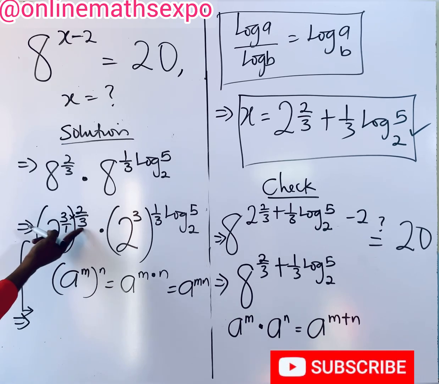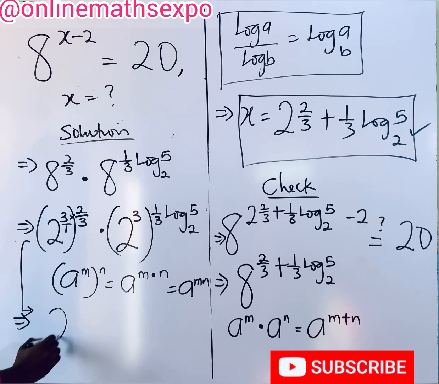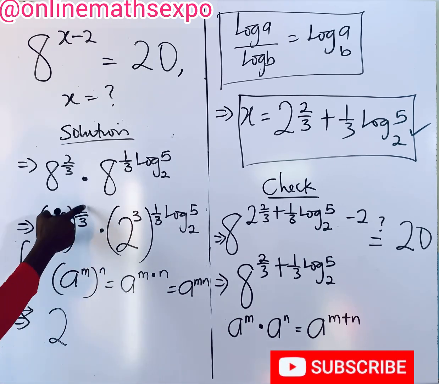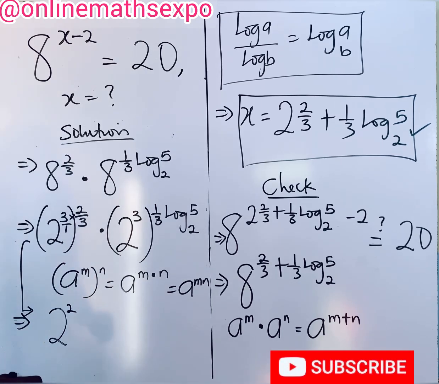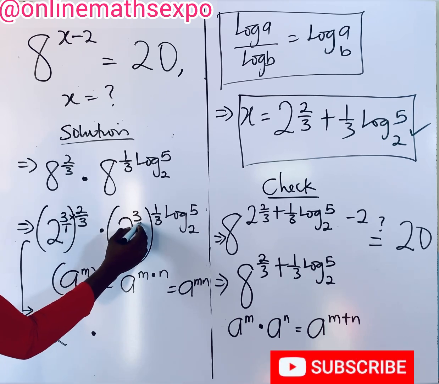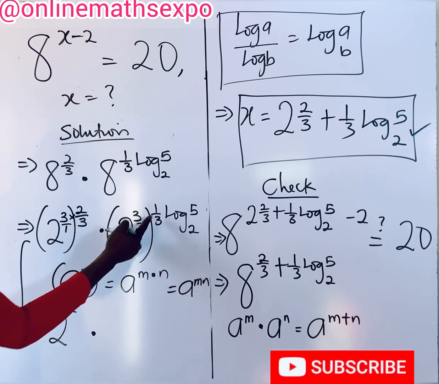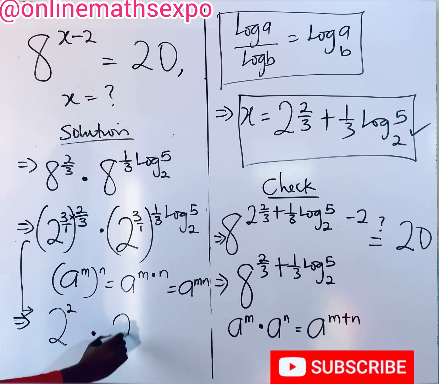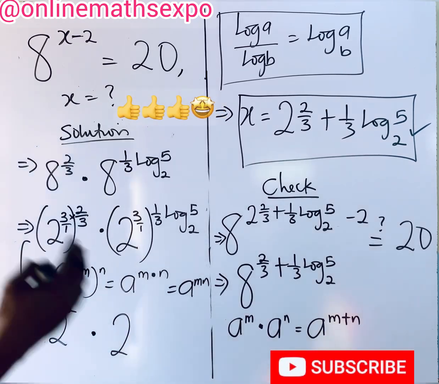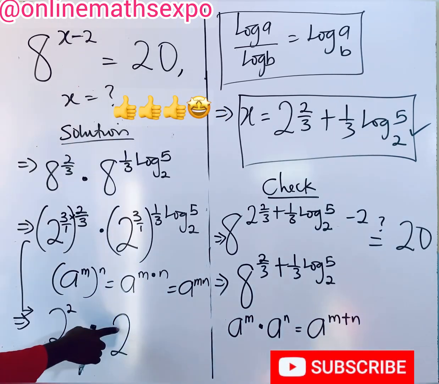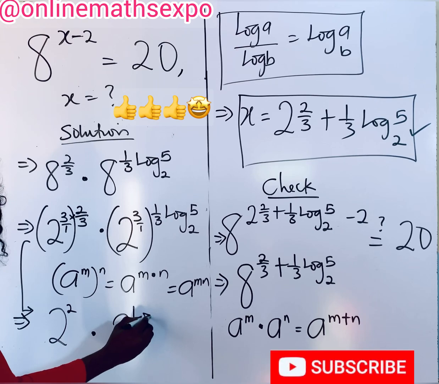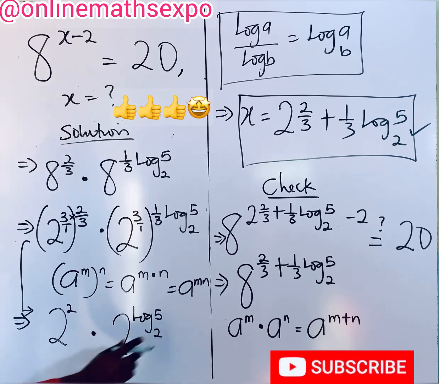So this 3 will cancel 3. We are left with 2 to the power of 2, and 2 over 1 is 2. Did you see what we are doing? Then multiplied by, this will cancel. So 3 cancels, we are having 2 raised to power 1. And when you raise a number to the power of 1, it gives you back the number. So we are having 2 to the power of log of 5 base 2.